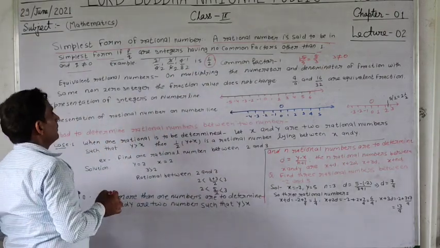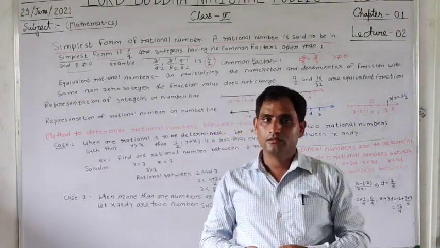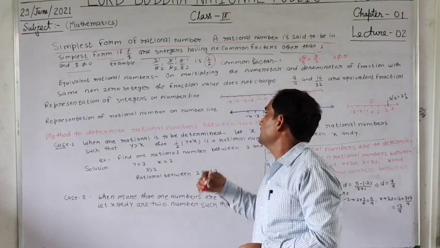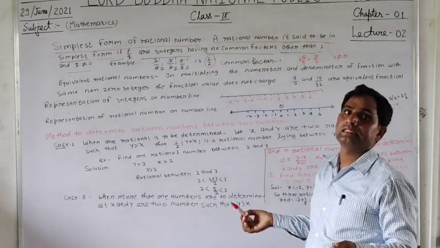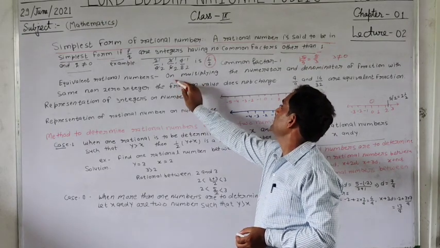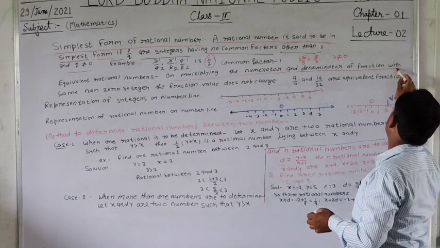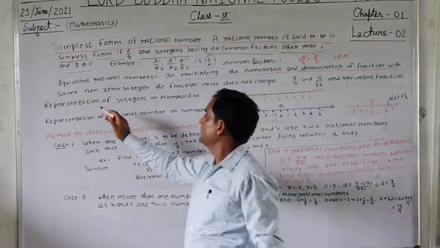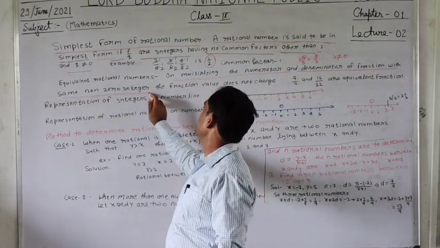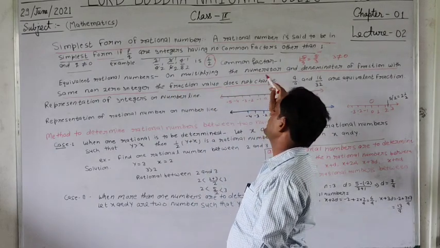Now, we will define equivalent rational numbers. What are equivalent rational numbers? We see that on multiplying the numerator and denominator of a fraction with the same integer, the fraction value does not change.